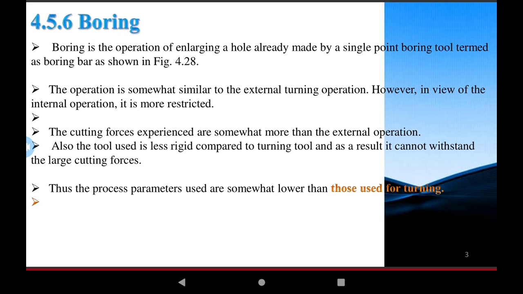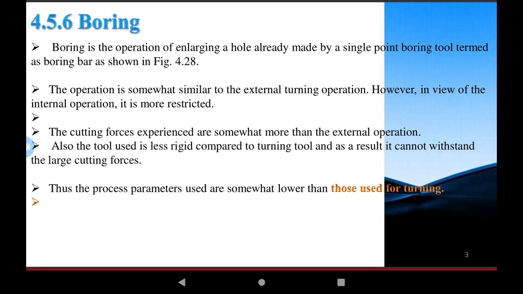External turning operation and internal turning operation both require much tool force, and a constant supply of power.